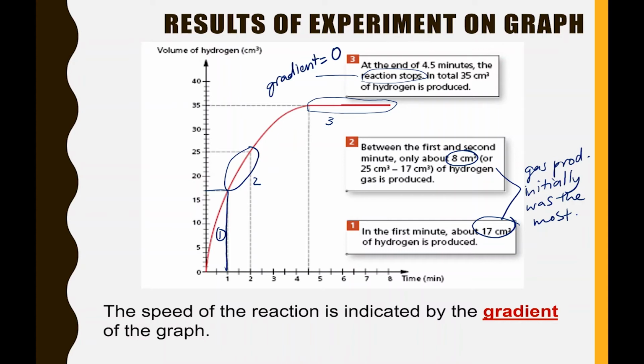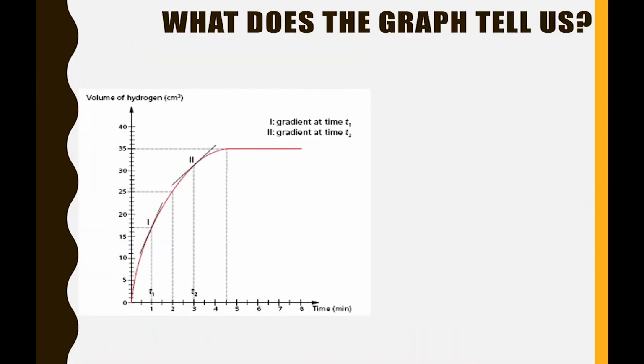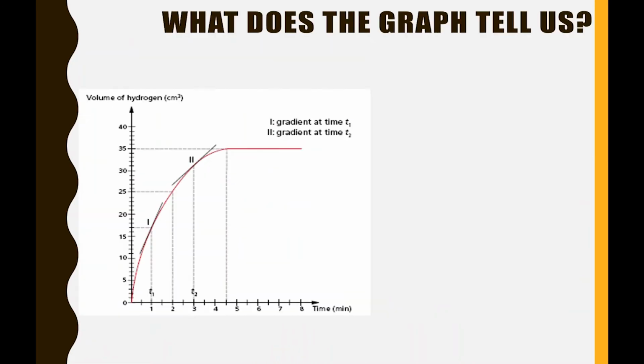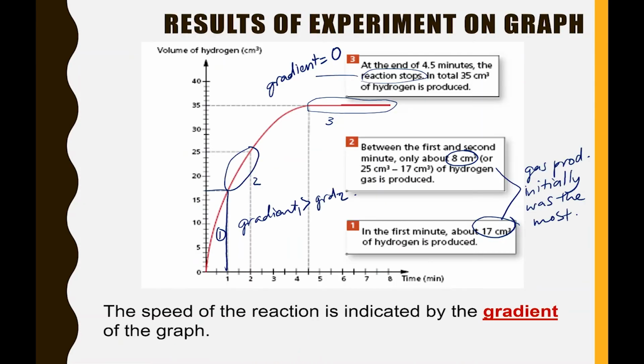And if you look at part 1 and part 2, the gradient at part 1 is more than the gradient at part 2. So in conclusion, the speed of the reaction is indicated by the gradient of the graph.